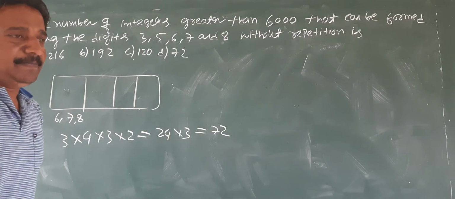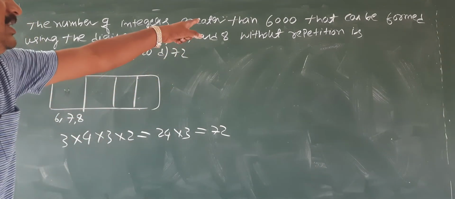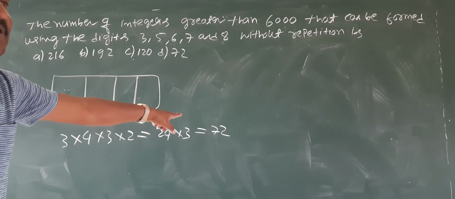So the number of 4-digit numbers greater than 6000 is 72.